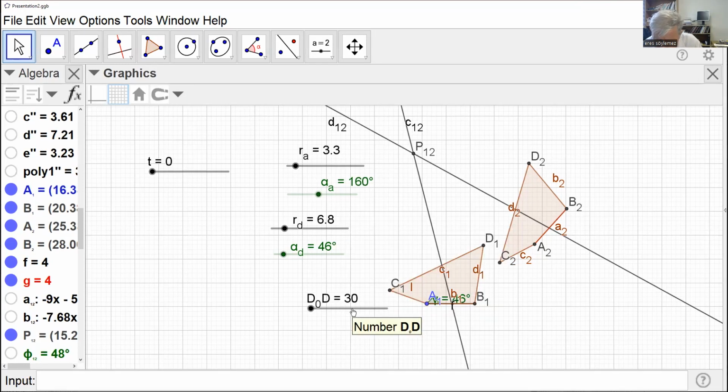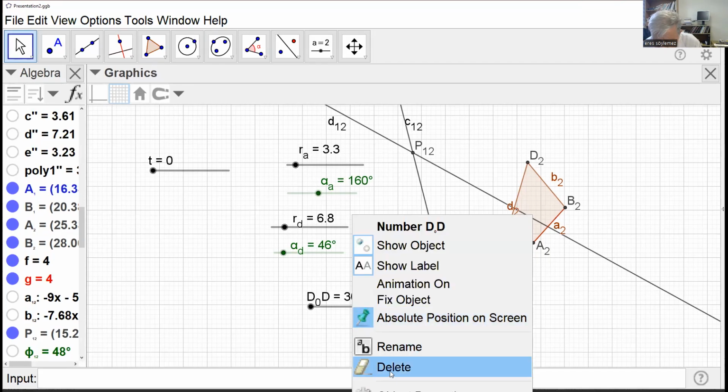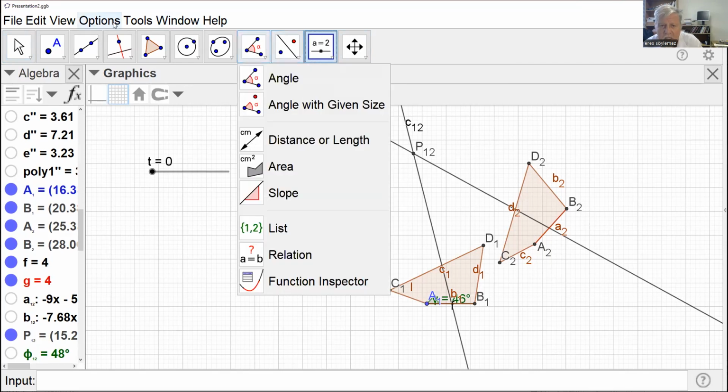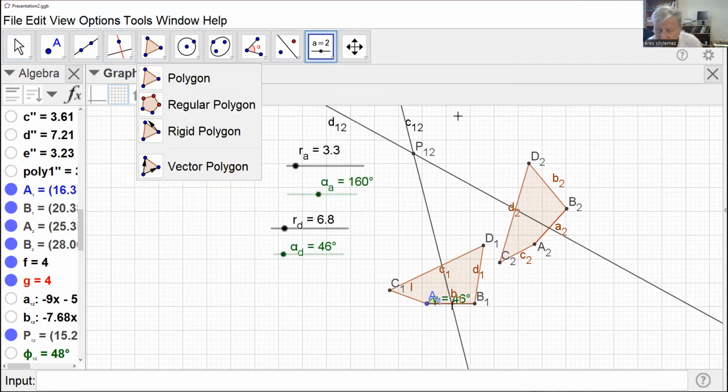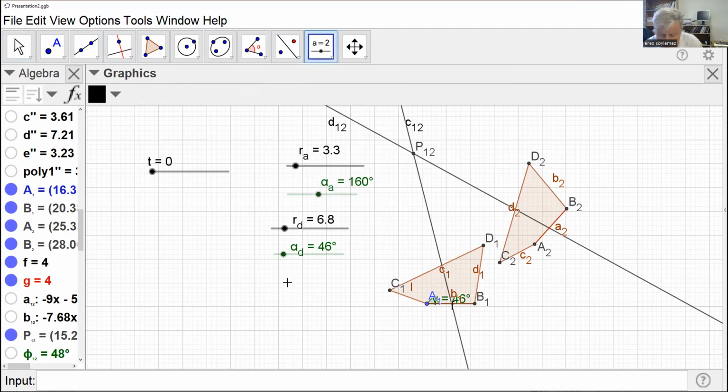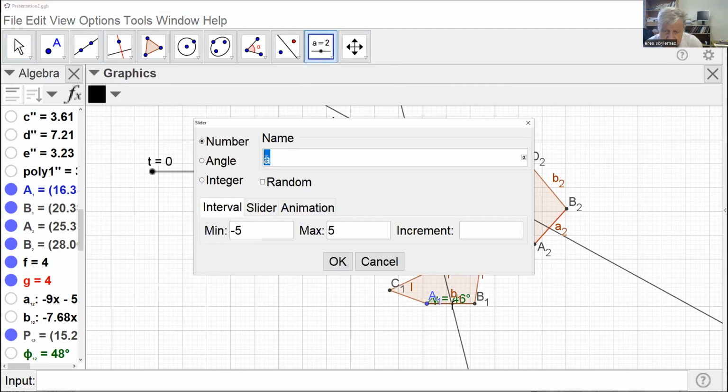Okay, I'll delete them. I'll start from 0. Sorry. I will start from 0 to 100.